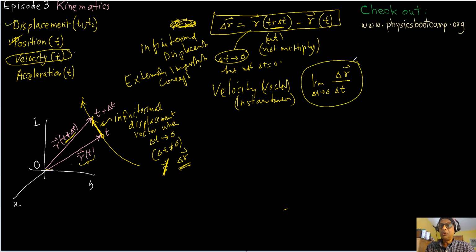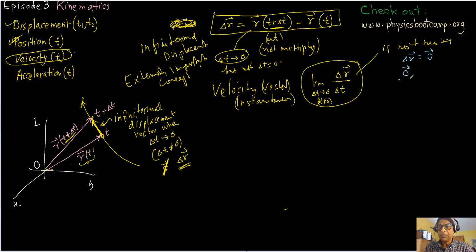Of course, if it's not moving, then this will be a 0 vector, right? So if not moving, then delta t is never 0, so I'm never dividing by 0. Delta t is never 0. Yes, tending towards 0, but never 0. And a lot of people just look at this and get confused. But if it's not moving, then the numerator delta r in that instant will be a 0 vector because it didn't move anywhere.